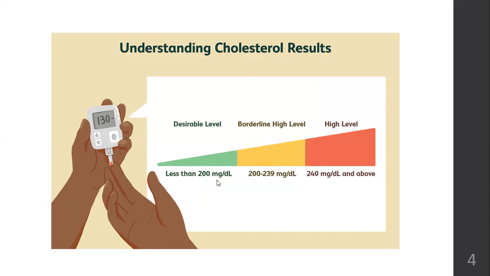You have to be very strict with your diet from this phase onwards. 240 and above means high cholesterol levels. You could be already a cardiac patient here, or you could be suffering from severe forms of hypertension, hypercholesterolemia. That is what we call the situation where your cholesterol levels are more than 240 mg per deciliter.